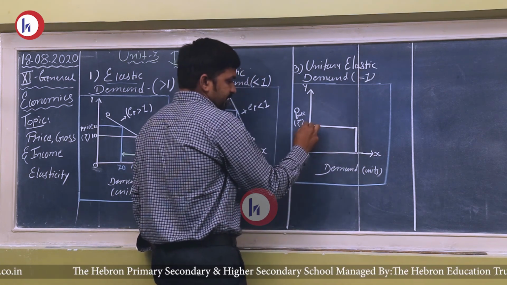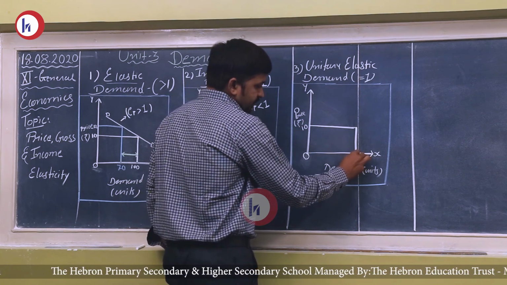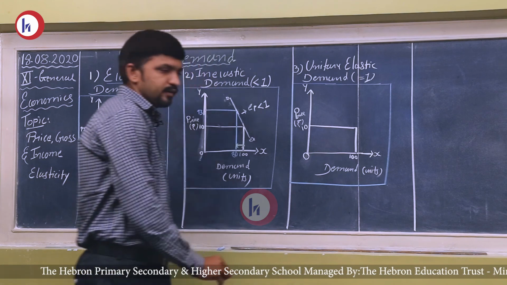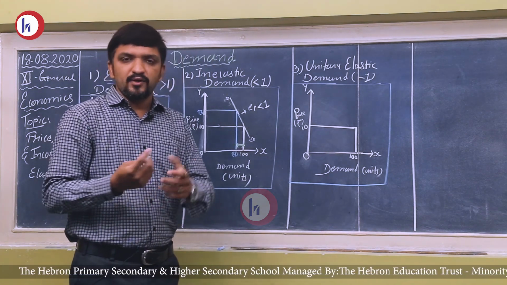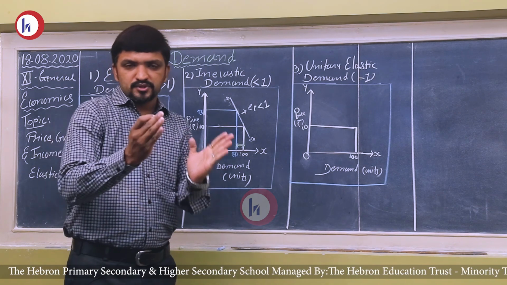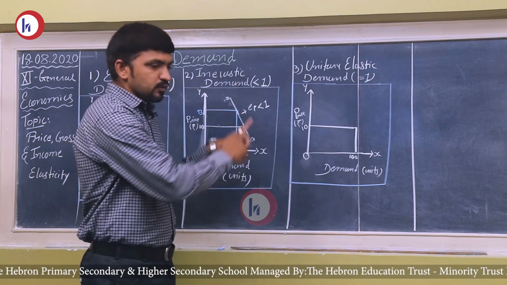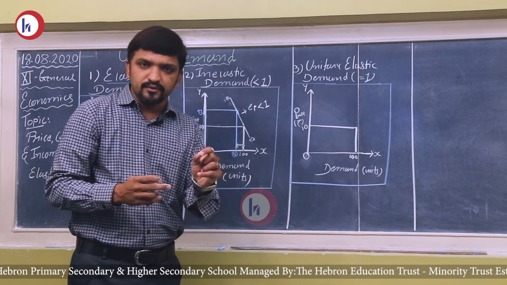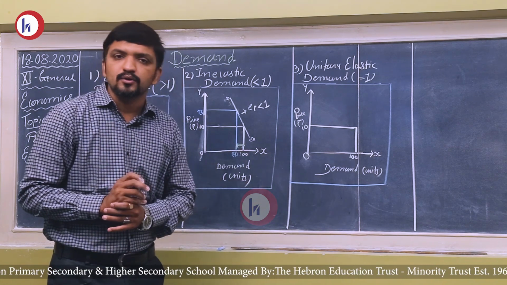Here price of the commodity is 10 and the quantity demanded is 100. You can draw a figure even with me. While you are playing the video, keep your copy, pencil, scale and pen ready. First you draw the y and x axis, stop the video, then see what I am going to present. Then again you can do the same at your home.